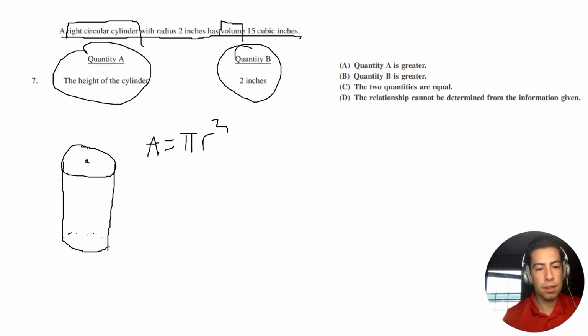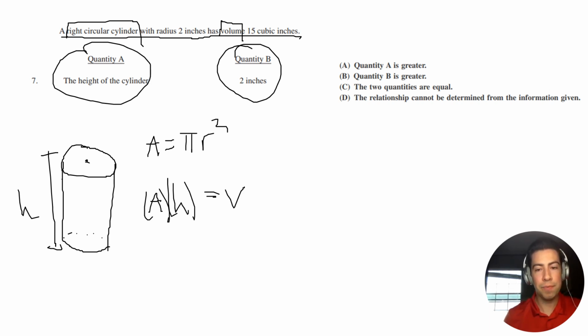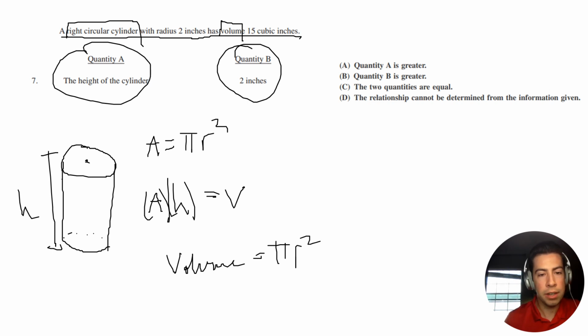That means we take the area and multiply it by the height, and we get the volume. So volume equals pi r squared multiplied by the height.